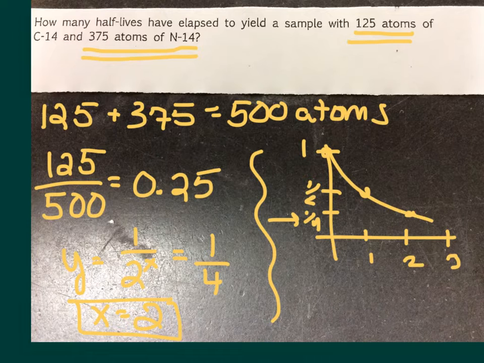We find out that corresponds to 2 half-lives. Answer is 2 half-lives. Either way, we arrive at the same answer, right? This part for us can be a little bit tricky if we aren't good at converting our decimals back into a fraction. So let's take a look at the ones that you need to know.